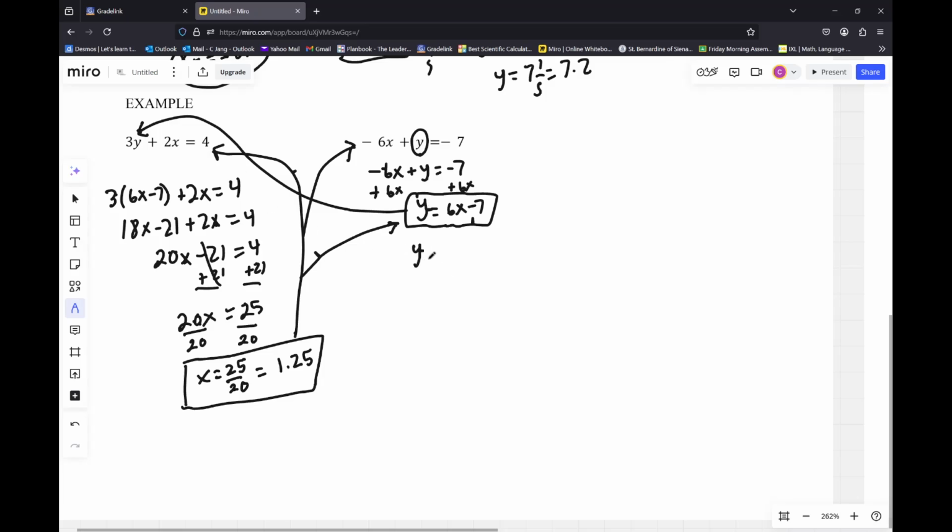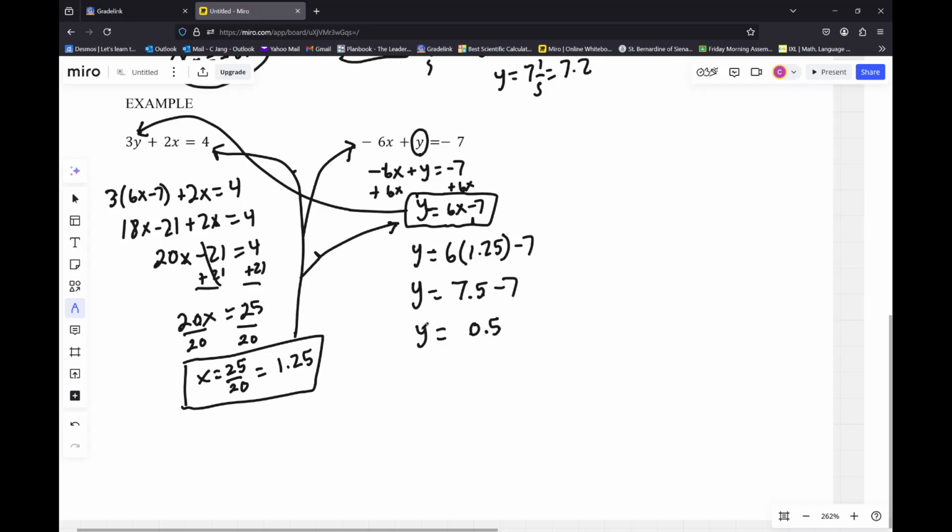So this is y is equal to 6x, 6 times 1.25. I'm going to replace x with 1.25, minus 7, right? Or that is y is equal to 6 times 1.25 is 7.5 minus 7, or y is equal to 0.5.